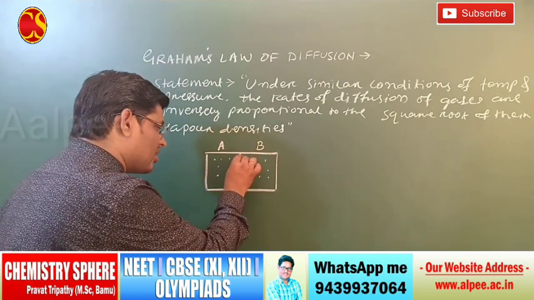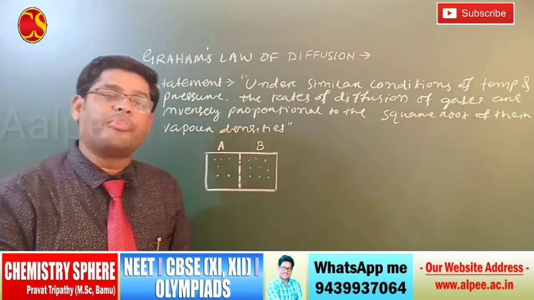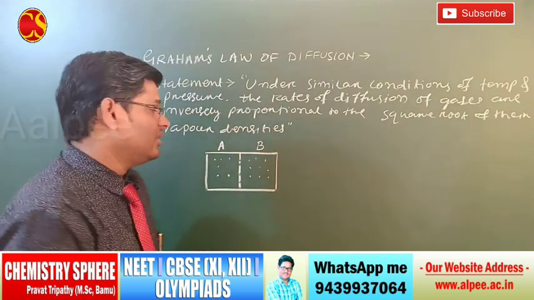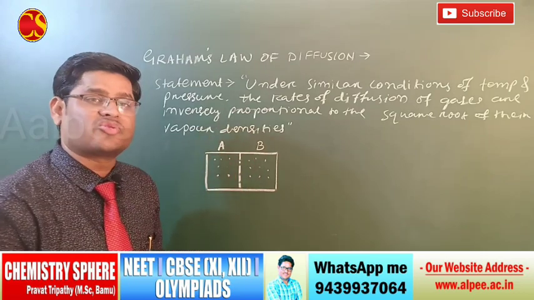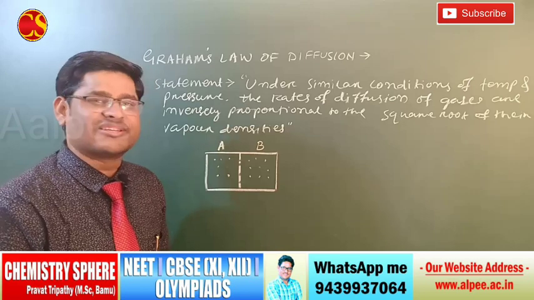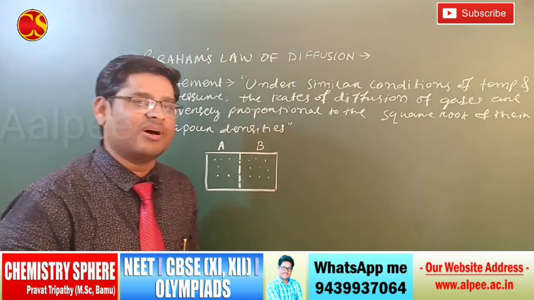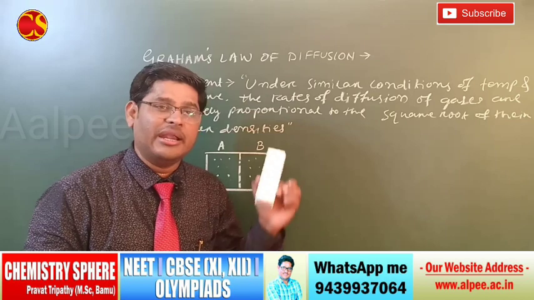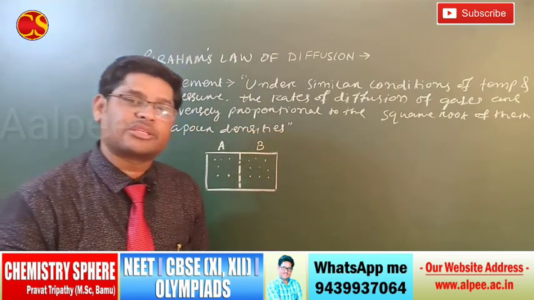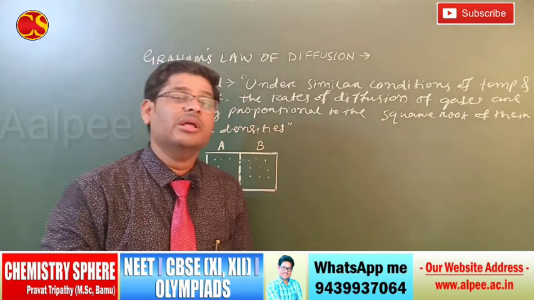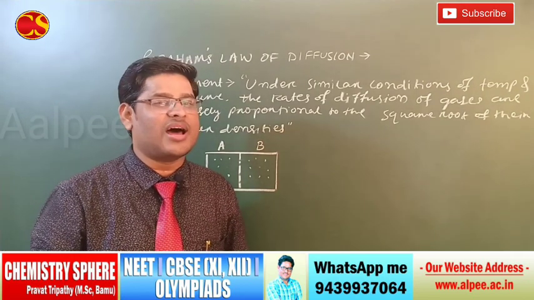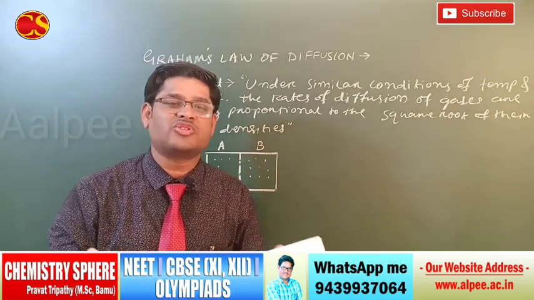With this connection, the gas of compartment A will mix with the gas of compartment B, and this process is called diffusion. That means the intermixing of gases is nothing but diffusion. And Graham's law of diffusion states that under similar conditions of temperature and pressure, the rates of diffusion of gases are inversely proportional to the square root of their vapor densities.